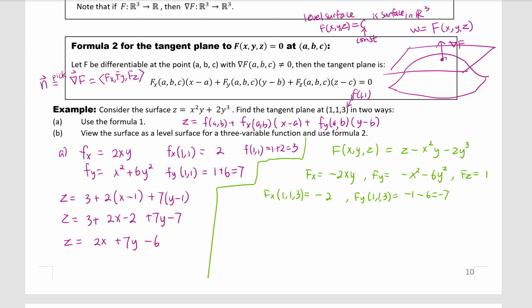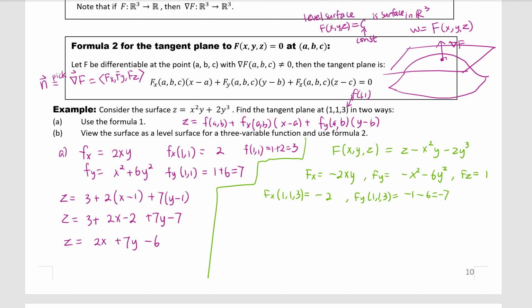So distribute: minus 2x plus 2 minus 7y plus 7 plus z minus 3 gives negative 2x minus 7y plus z. Let's move the constant to the other side. 2 plus 7 is 9, 9 minus 3 is 6. Move the 6 to the other side, it becomes negative 6.